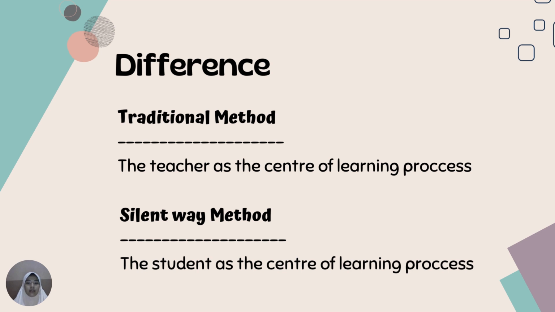The silent way differs from the traditional method. Here are the differences. The traditional method puts the teacher at the center of the learning process, while the silent way puts the students at the center of the learning process.